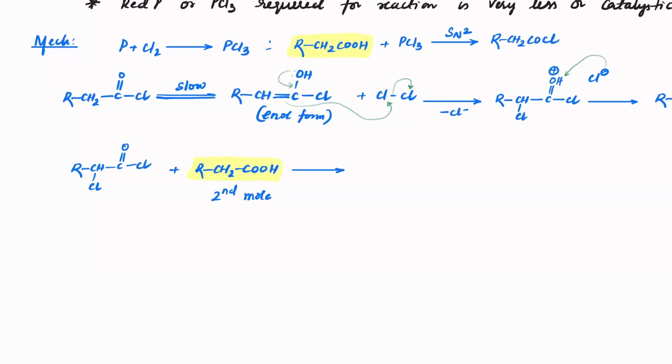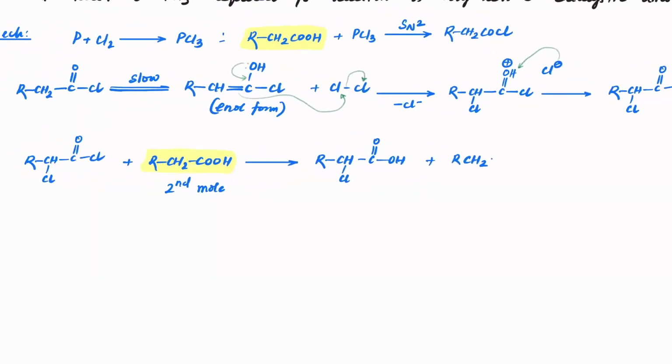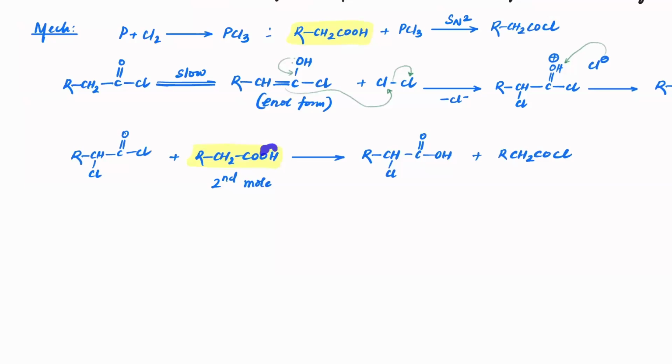After the second mole, this reactant will convert into RCHCl, which becomes COOH, while the second mole becomes RCH2COCl. This is the conversion that you will notice. It is as if this OH comes here and this Cl is replaced here. There is a mechanism defined for it, but that is the overall reaction that takes place. Got it?